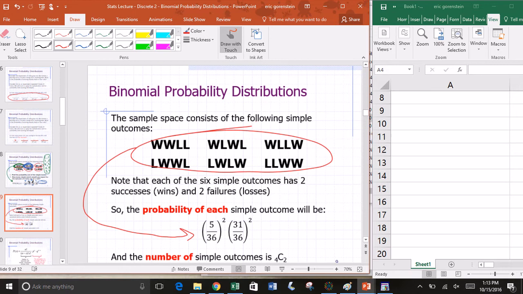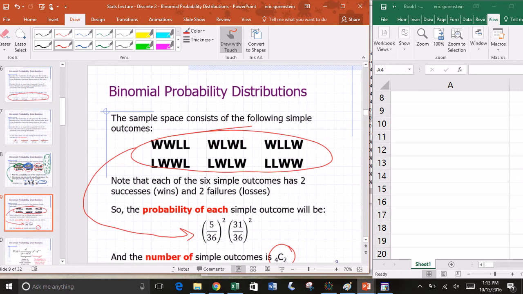Now, the number of simple outcomes, well, it was a small number, so we just listed them out and got 6, but the number of simple outcomes is 4 combination 2, because we're choosing 2 of the 4 positions for the W. So in this case, 4 combination 2 gives us 6.